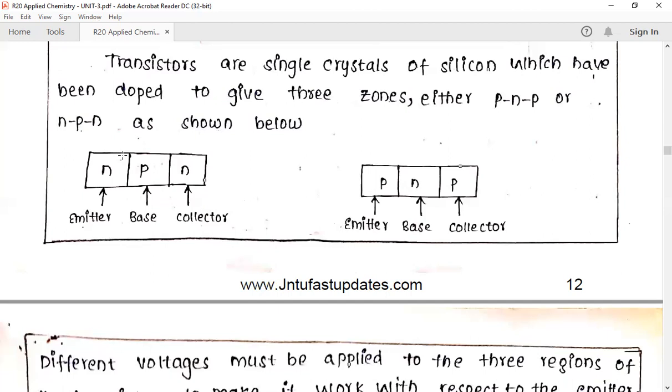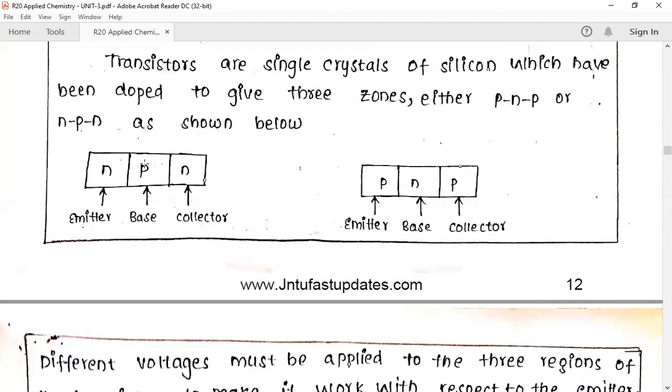As these electrons flow towards the P-type base, they recombine with the holes present in the base. As the base is lightly doped, only a few electrons combine with the holes within the base. These recombined electrons constitute a small base current.